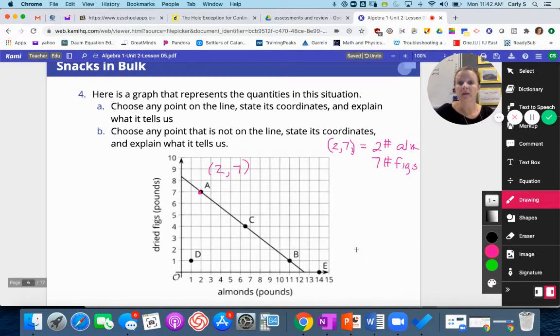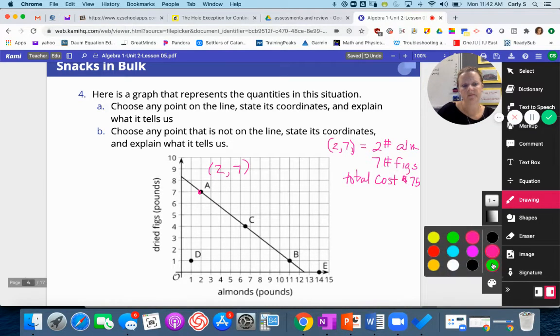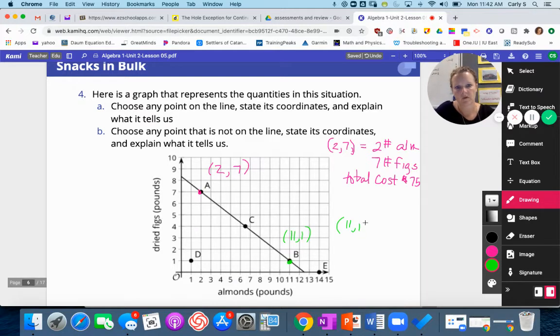Choose any point on the line, state its coordinates, and explain what it tells us. And that would be for a total cost of $75, right? Let's do this point. That would be 11, 1, and that would be 11 pounds of almonds and 1 pound of figs at a total cost of $75.